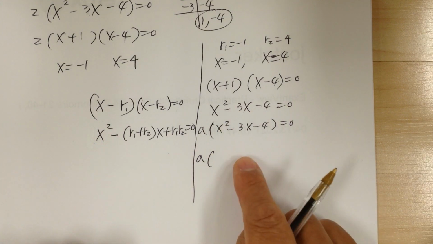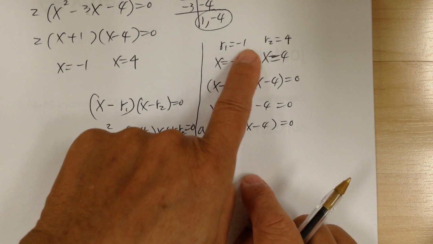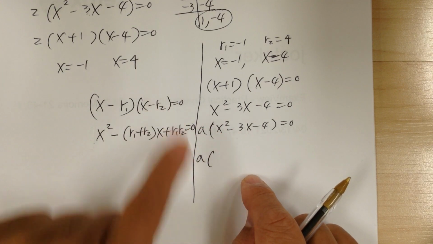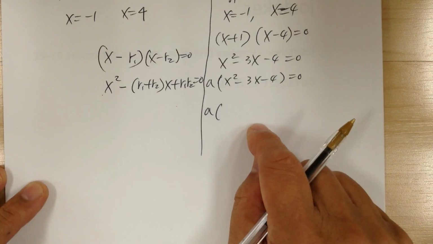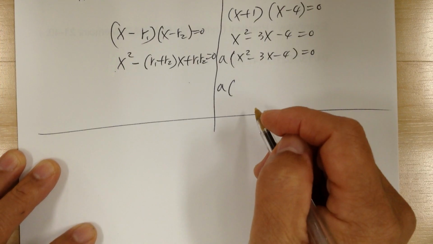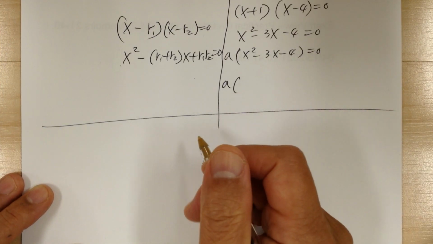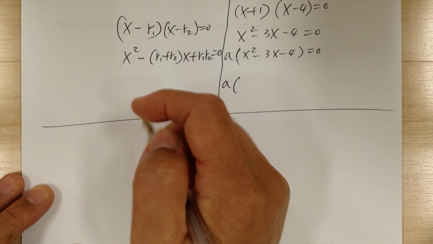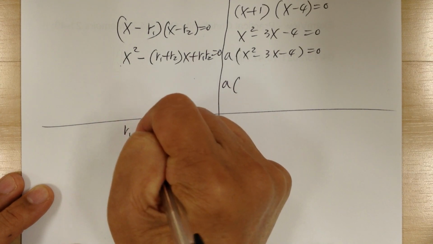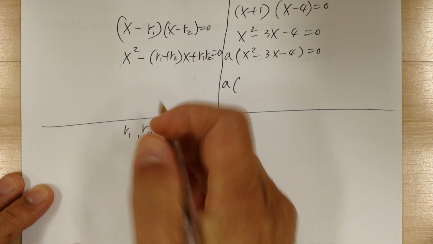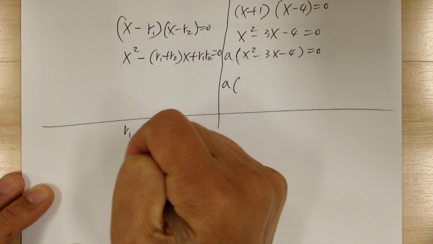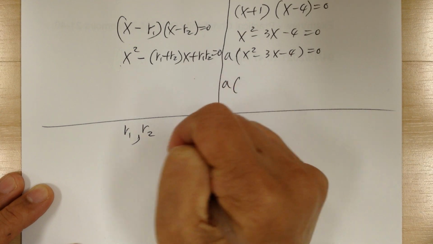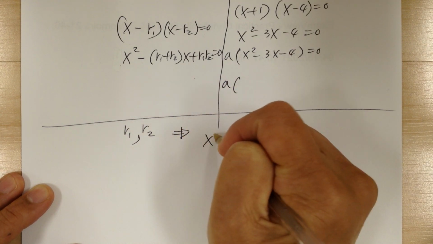What we did is derive a formula to find the equation from the roots. So to sum up, the theorem from page 338 is that when you have R1 and R2 as your roots, to get the equation from R1 and R2, you use this formula.